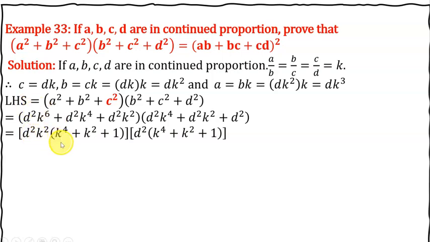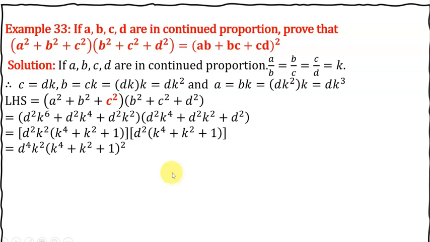Then in bracket you will have k raised to 4 plus k square plus 1. From the second bracket take d square as common. Then in bracket k raised to 4 plus k square plus 1. And next, here is d square into d square, d raised to 4, next into k square in bracket (k raised to 4 plus k square plus 1) whole square.